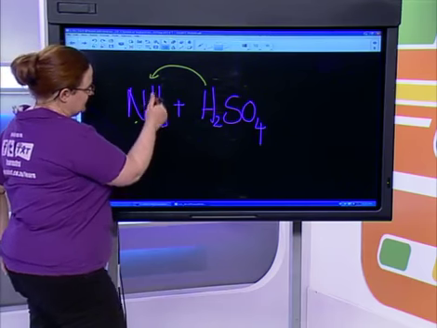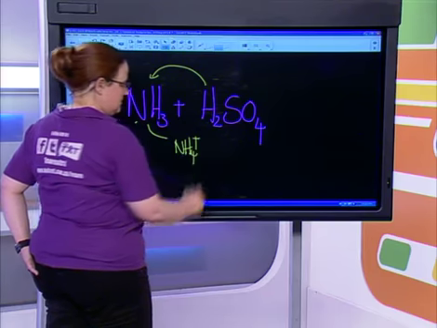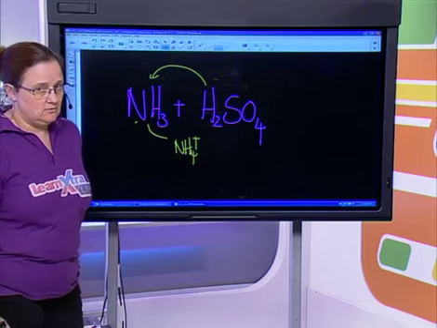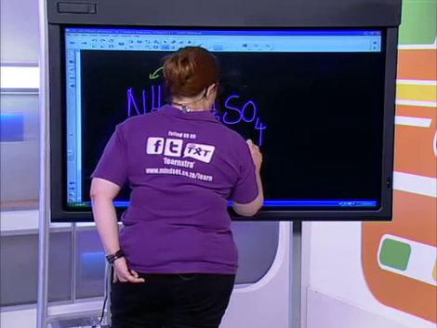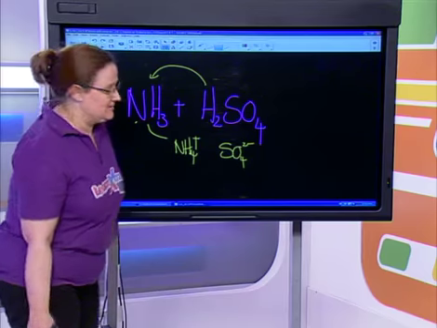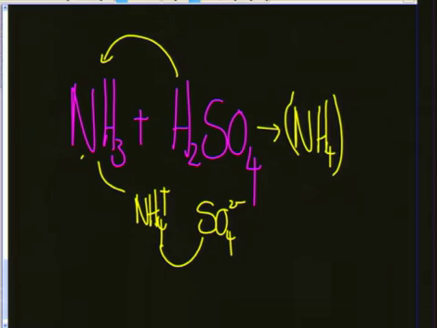So what happens is this ammonia becomes NH4+ because it's gained a hydrogen. The sulfate, and it would give both away, becomes SO4 2-. And these two are now attracted to each other. So that ends up giving us the salt, ammonium, and I need two of them because it has a charge of +1, ammonium sulfate. Okay, so it's an acid-base reaction, and it gives me ammonium sulfate.